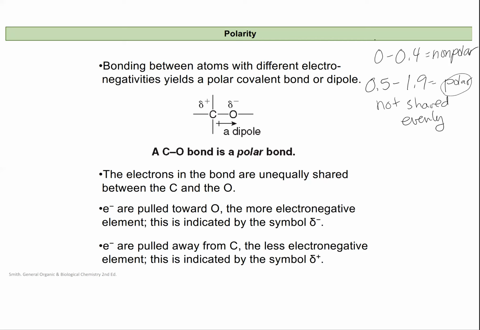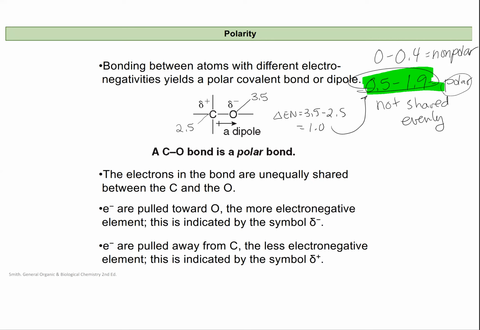So if we look at carbon and oxygen, carbon has an electronegativity of 2.5, and oxygen has an electronegativity value of 3.5. So that difference is 3.5 minus 2.5, which equals 1.0. So it falls in this range right here of 0.5 to 1.9.